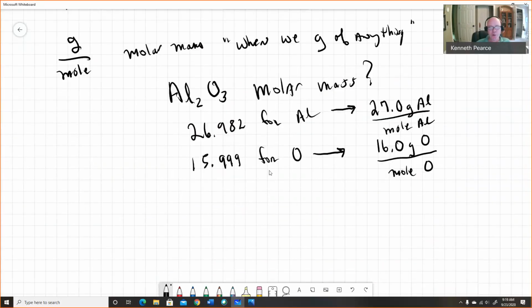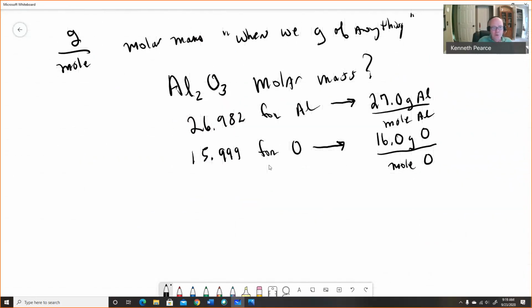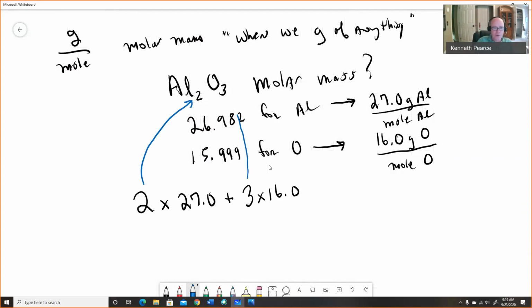So let's go ahead and find the molar mass. Well, if there's 2 aluminums, that's times 27.0, and this is 3 oxygens, so we say 3 times 16.0. And of course the 2 is coming from here, and the 3 is coming from here, and the 27 and 16 are the molar masses for the aluminum and the oxygen.